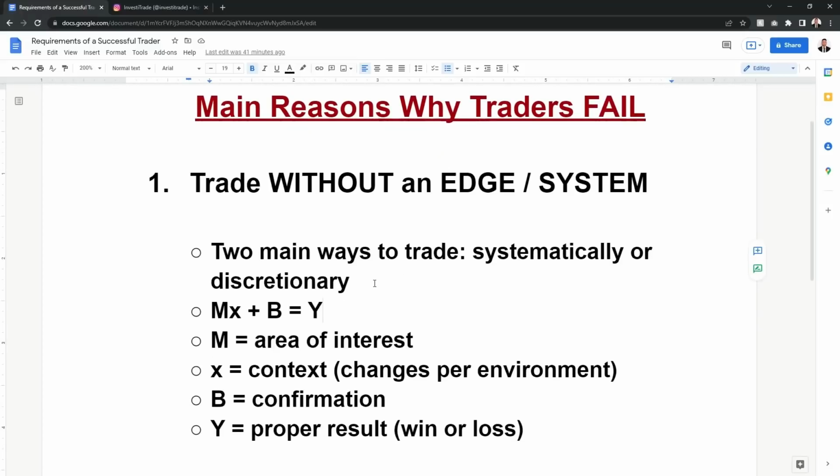So there are two main ways to trade. One is systematically, and the second one is discretionary. Systematic trading means you've collected data, you've run statistics, and when you see something of your system play out, you know you have an 80% chance of it working out.